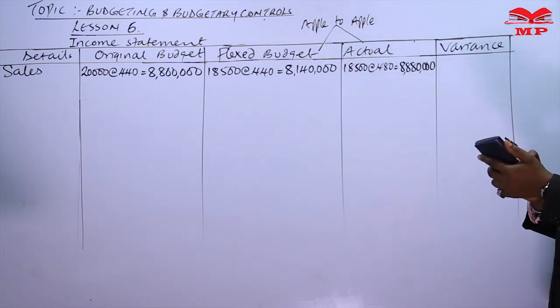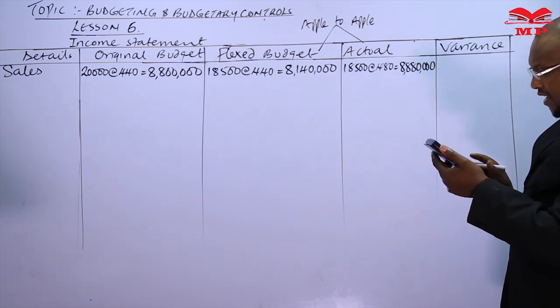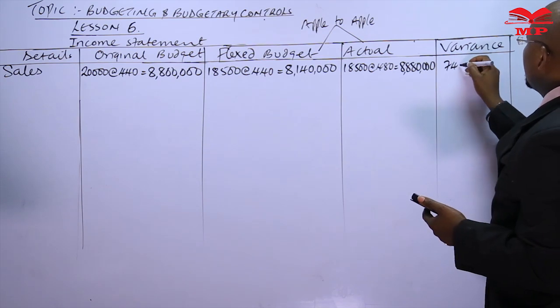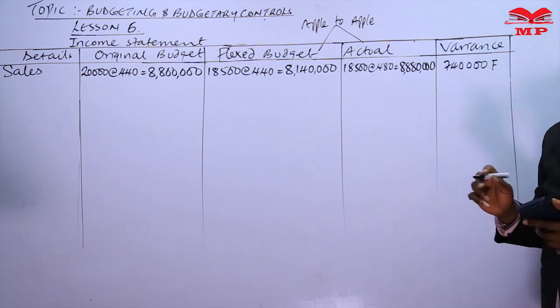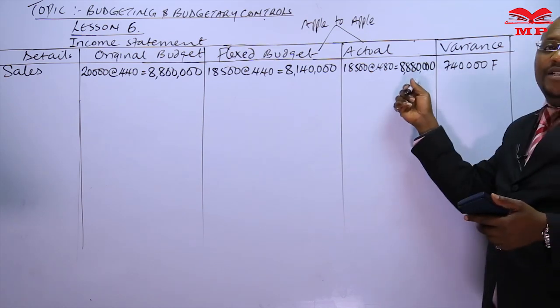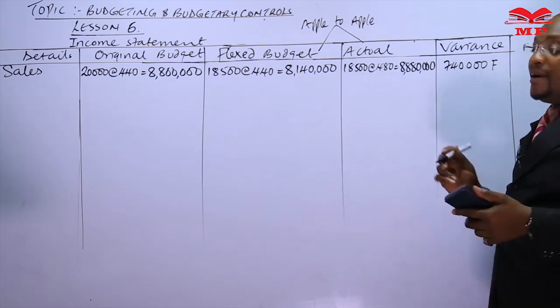So this will be 8,880 minus 8,140. That means we made 740,000 favorable variance. Why favorable? We made more money. These are sales, income. 8.8 is more than 8.1, and that is the best comparison.